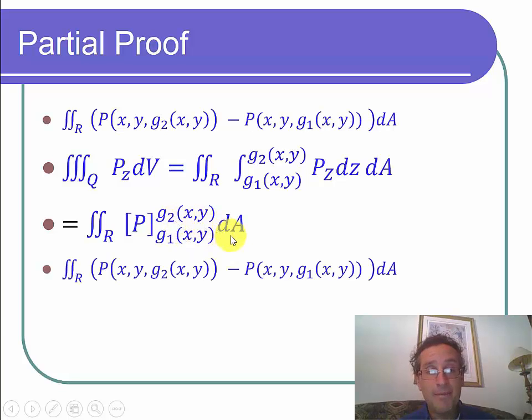Now I can plug in, and I can say that this is a double integral over R of p of xy, g2 of xy, that's plugging in the upper bound, minus p of xy, g1 of xy, that's plugging in the lower bound, dA. And lo and behold, that's the same as the flux integral. And that proves, at least partially, that part of the divergence theorem.